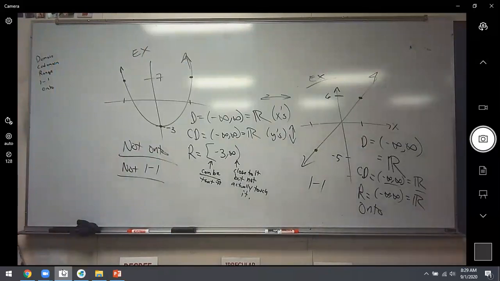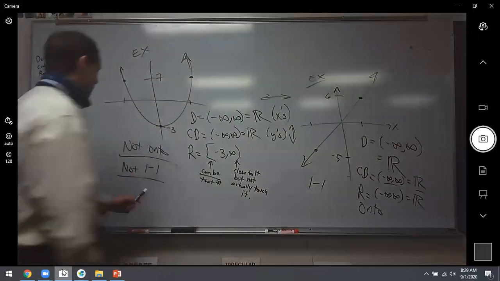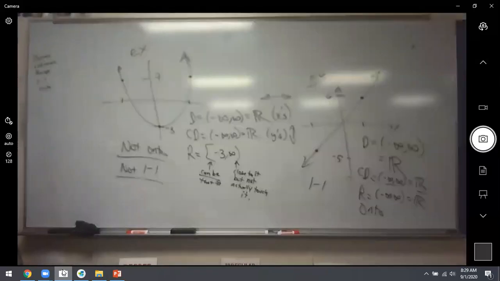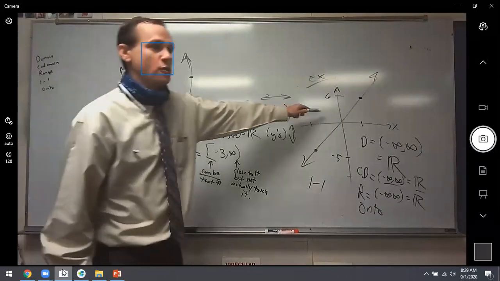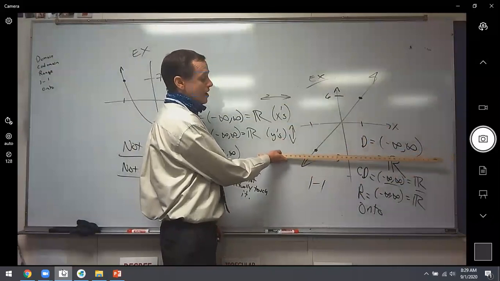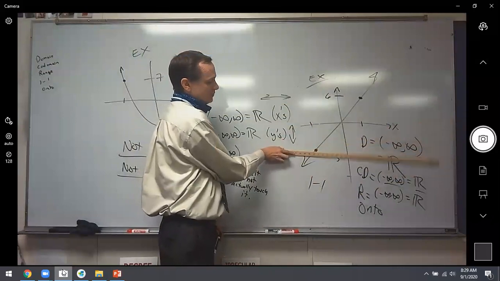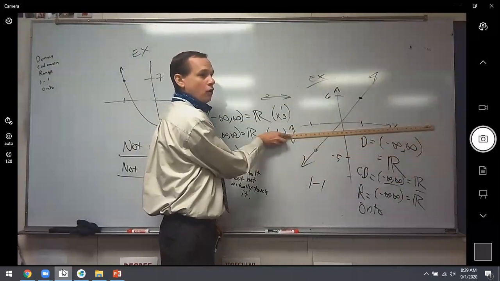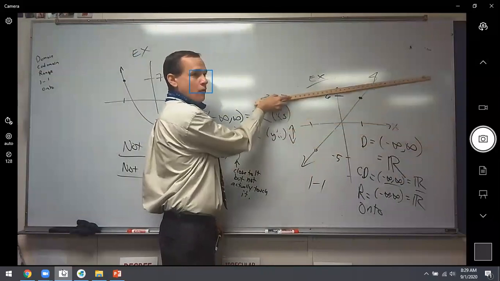You know the vertical line test? Remember that thing? If you take a vertical line and it passes through the graph one time, it means it's a function. There's another test that will tell you if something is 1 to 1 or not. This one was 1 to 1, wasn't it? I'm going to put not a vertical line, but a horizontal line. How many spots does it hit the graph at? 1, 1, 1, 1.